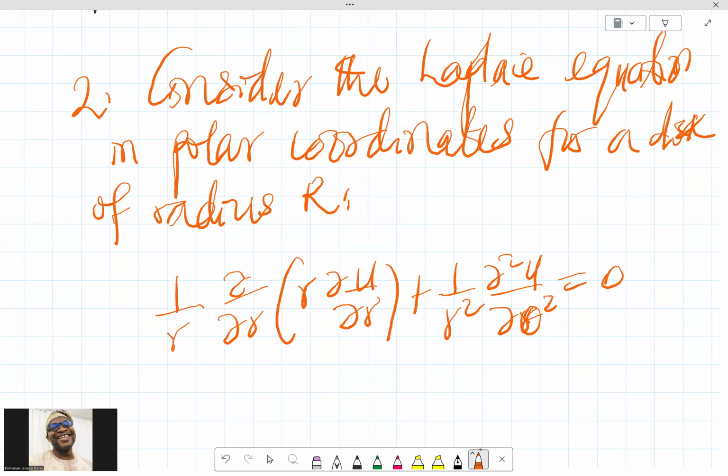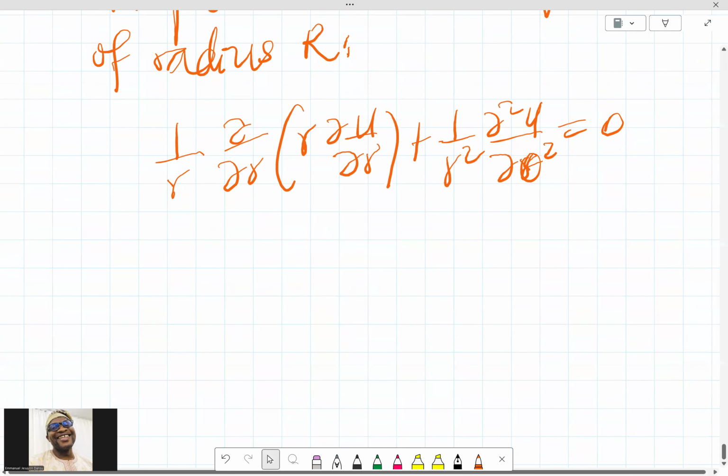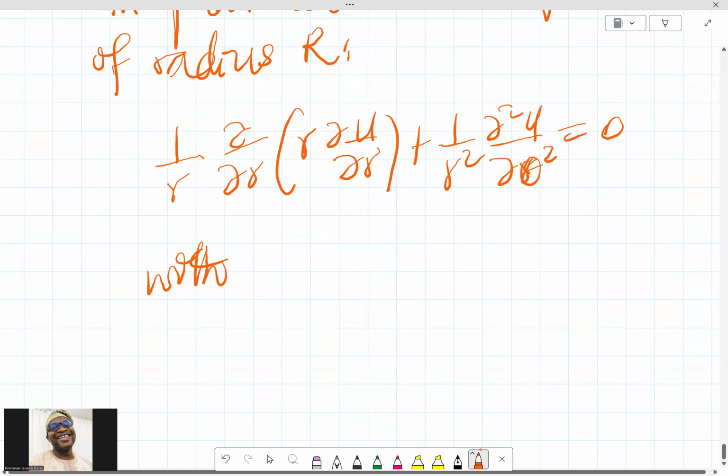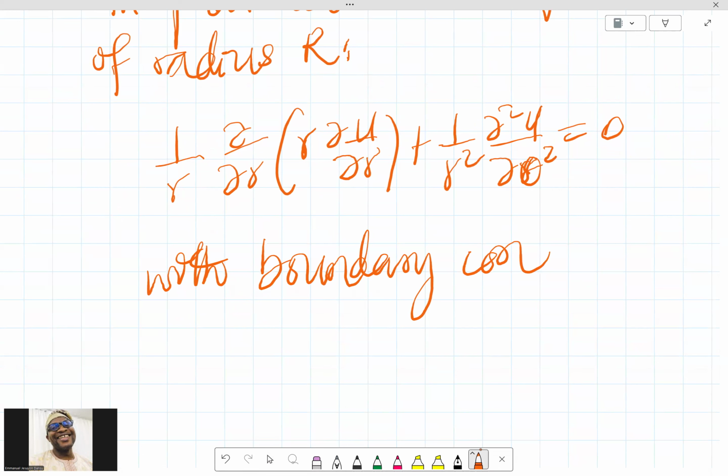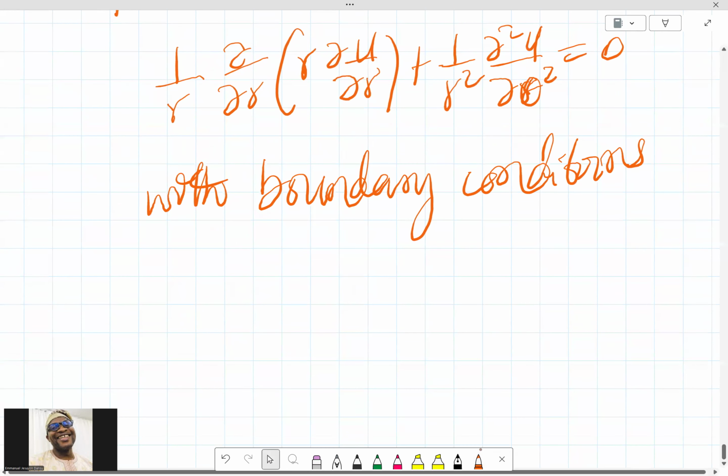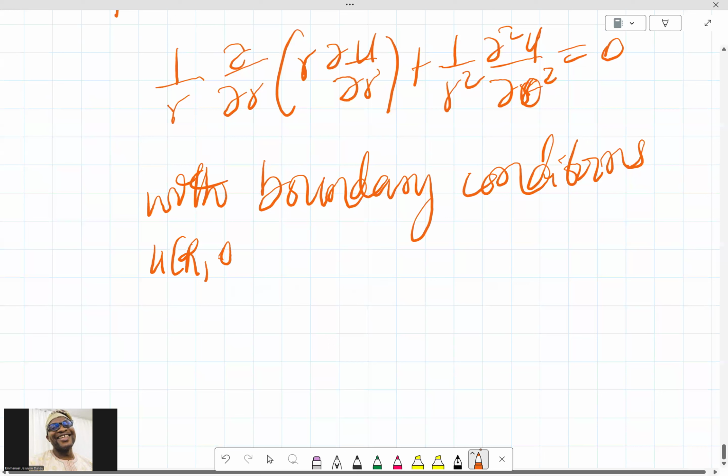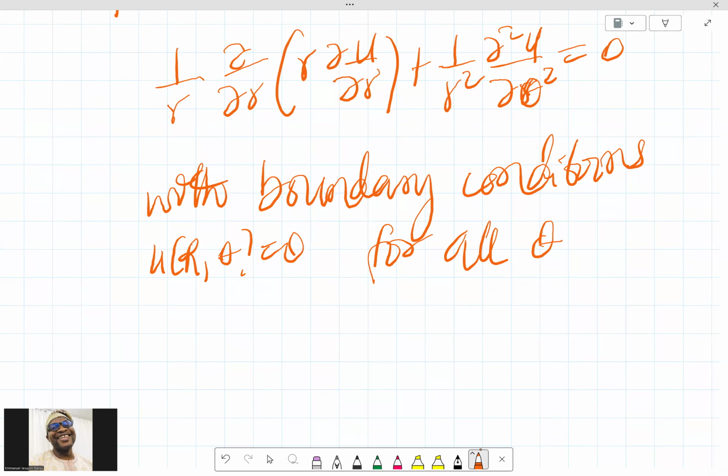So now we have r and theta in polar coordinates, instead of x and y, with boundary conditions u(r, theta) equals 0 for all theta.